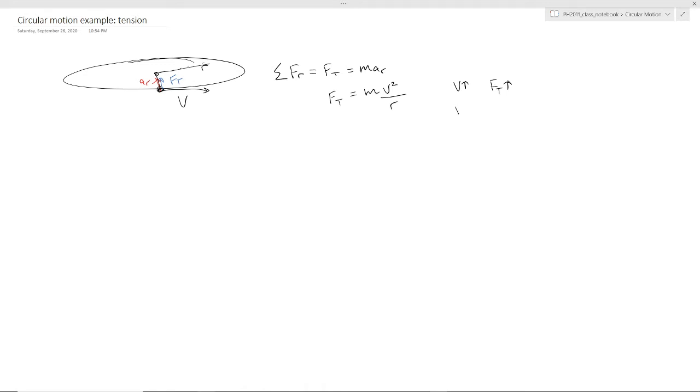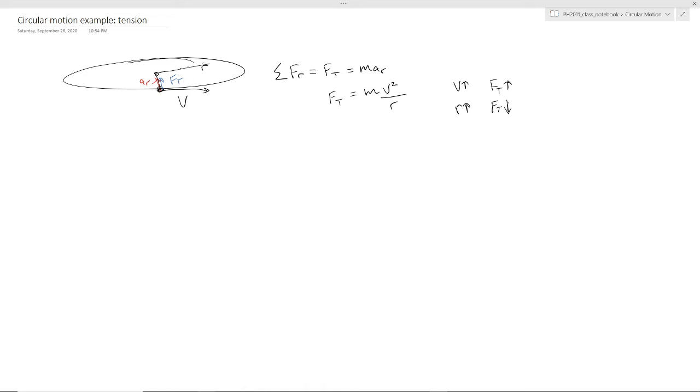And then also, it depends inversely on the radius that you're swinging around. So if you are swinging something around and you let out string, you make the radius bigger. In that case, the tension is going to go down because it's inversely proportional to the radius.